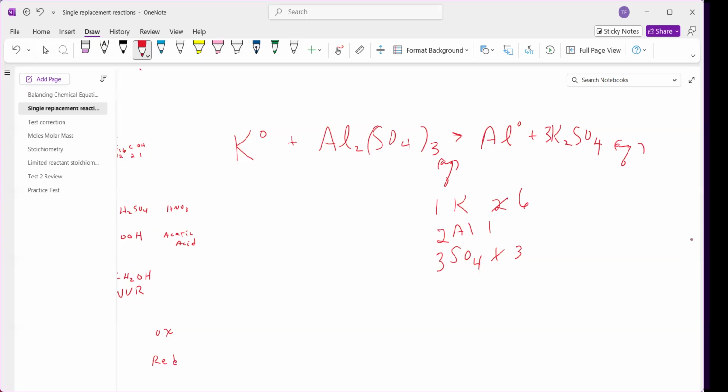So what do we want to do now? Same deal with aluminum. Okay, we're in good shape now. Now we've got the situation, we've got a metal and salt. Single replacement reaction. Is it going to go or not?